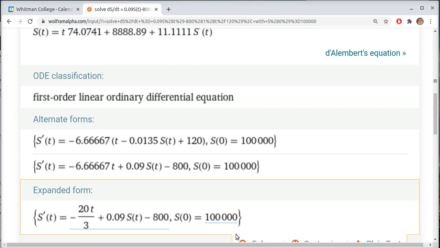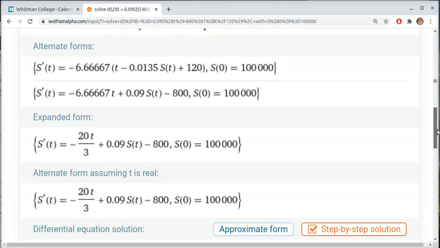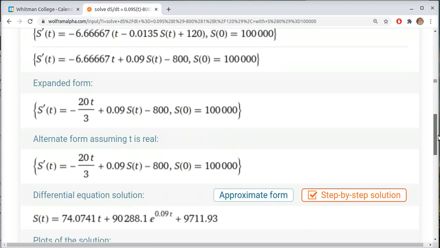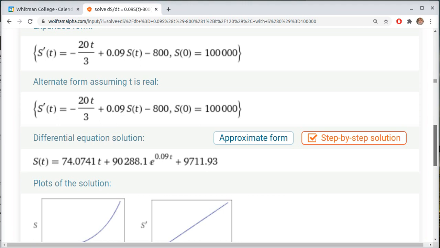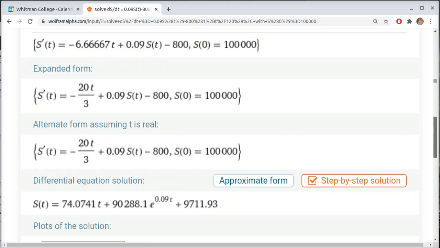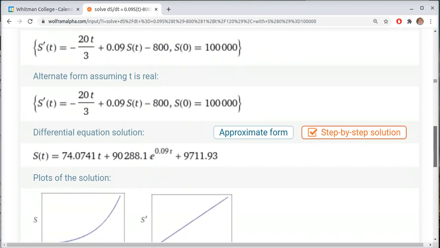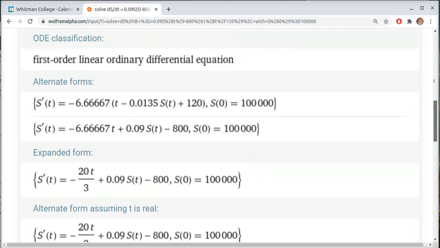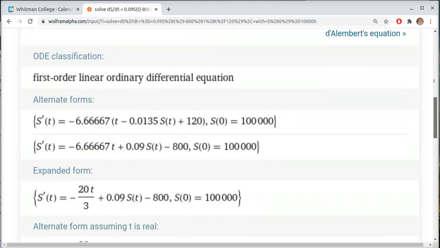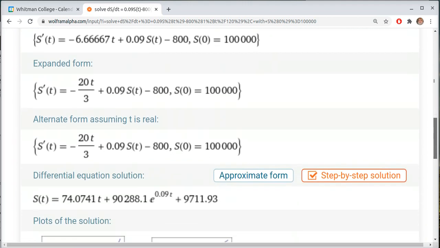So that's looking right. And so here's our, where is the solution? Where's the solution? Come on, there's the solution. Okay. I did put my minus sign in the right place, didn't I? I'm seeing something a little funky here.